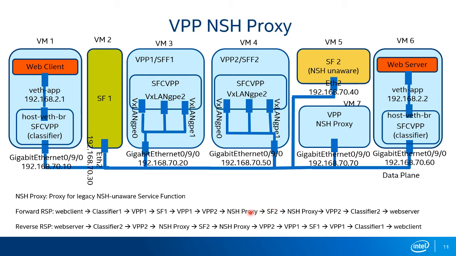The NSH proxy saved this NSH header, so when SF2 sends back the VxLAN packet, the NSH proxy will decapsulate it and re-encapsulate it with VxLAN-gpe and the saved NSH header, then send the packet back to VPP2. The process is similar for reverse traffic.